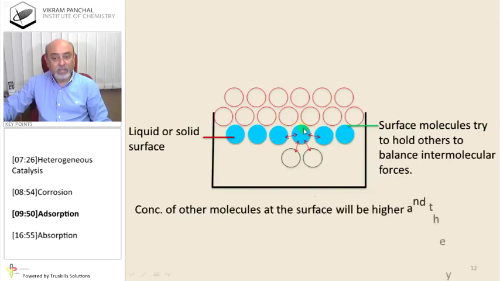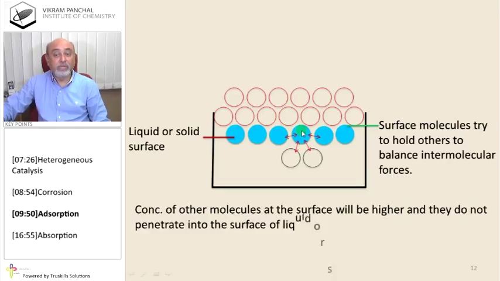And that's why the surface tension which is experienced by this molecule can be reduced up to a certain extent. So surface molecules try to hold others to balance intermolecular forces, and this is the reason adsorption takes place on the surface. So what is adsorption?